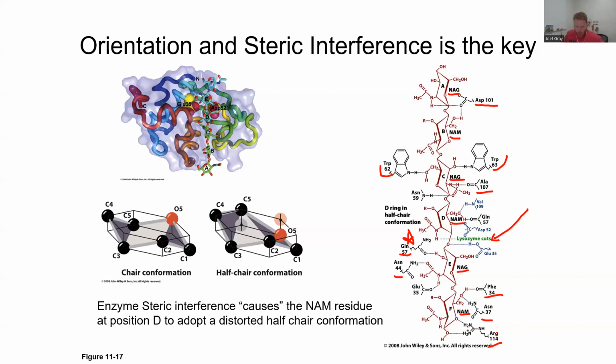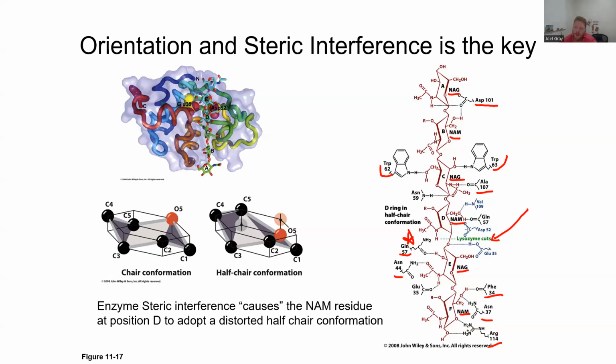Now, all told, the amino acids that are responsible for breaking this 1,4 glycosidic linkage, it's really down to about 3 different amino acids. And I'll show you 2, maybe 3 amino acids in the next slide.